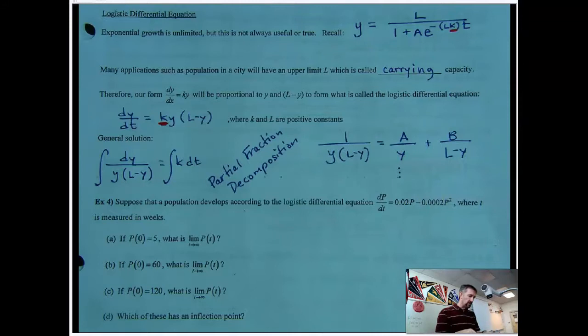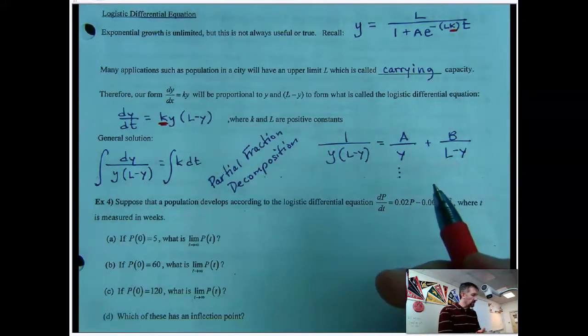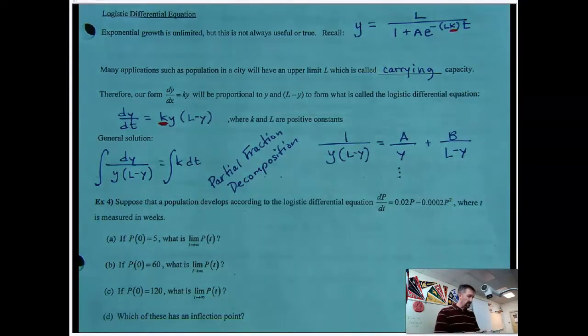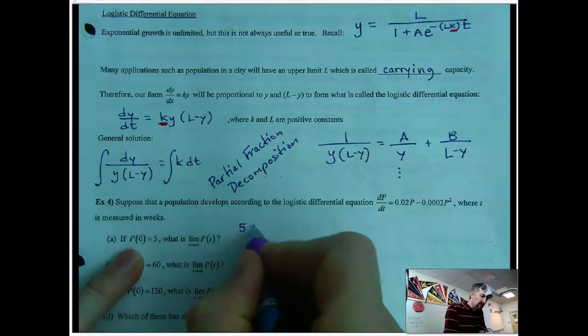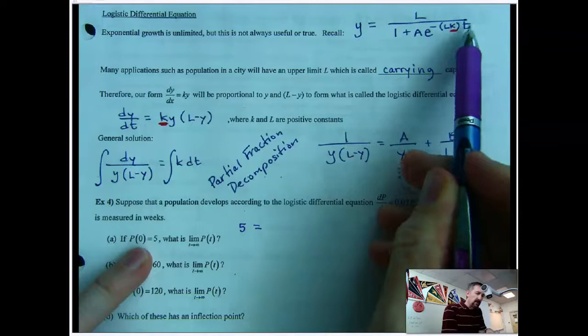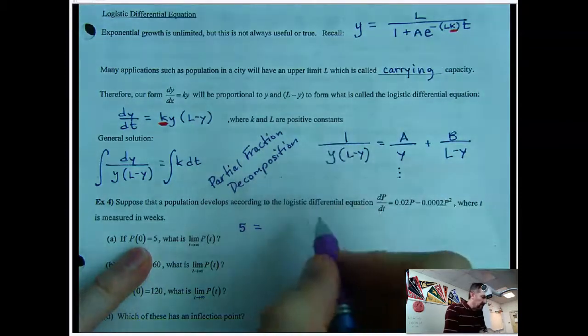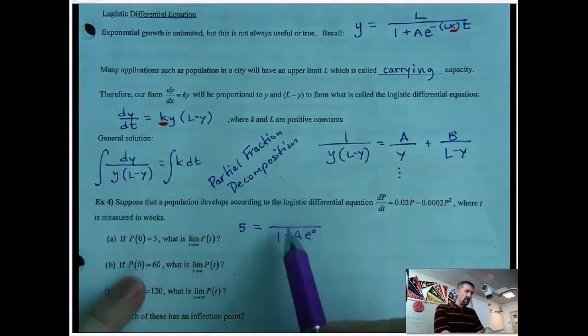So let's think about what this would look like. If we use the formula P of 0 equals 5, so if we plug 5 in for y and we plug 0 in for t, then this is going to be 1 plus a e to the 0. And now we want to know what L is.